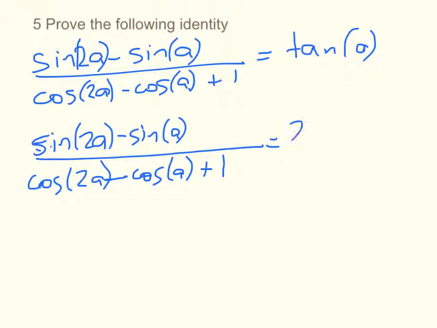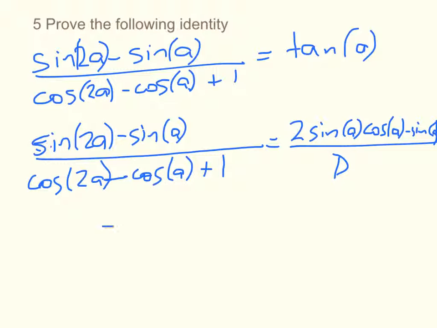So substituting 2 sine a cos a minus sine of a over the denominator. So this is 2 sine of a cos of a minus sine of a.